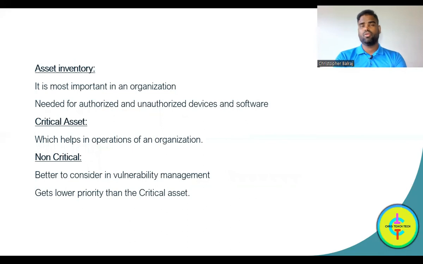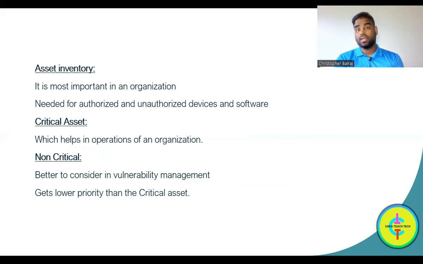And asset inventory. Each and every organization has to perform asset management, because an organization should know what they have and what they are using. They might have 100 computers, but use only 10 for their everyday activity and business functionality.